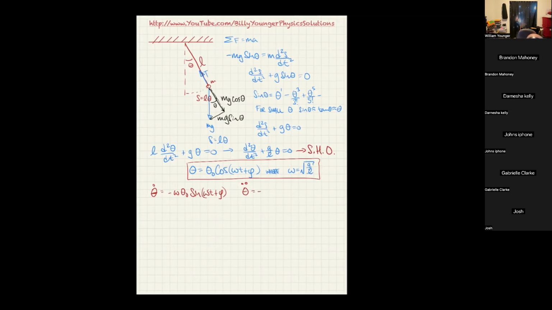When I take this, I get negative omega squared theta 0 cosine of omega t plus phi, like that. Okay. Now, if I plug all that back into the equation, I get negative omega squared theta 0 cosine of omega t plus phi plus g over L times theta 0 cosine of omega t plus phi is equal to 0, but this has to be true for all time.